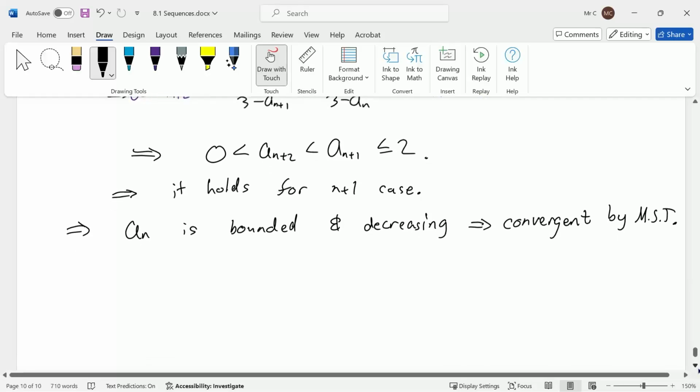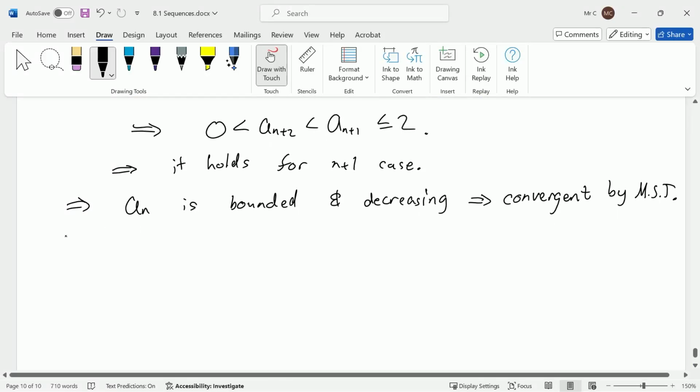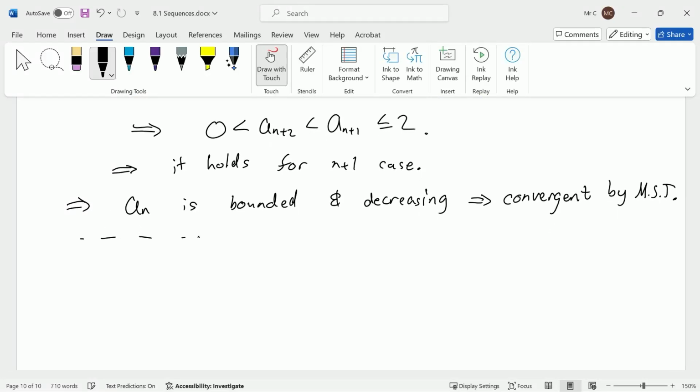Now that truly is the hard part of the problem, but the question also asks us to figure out what the limit is. So it asks us to evaluate the limit of the sequence, but that's pretty tricky. So we want the limit as n goes to infinity of a sub n, but we know that this has to be the same as the limit as n goes to infinity of a sub n plus 1.